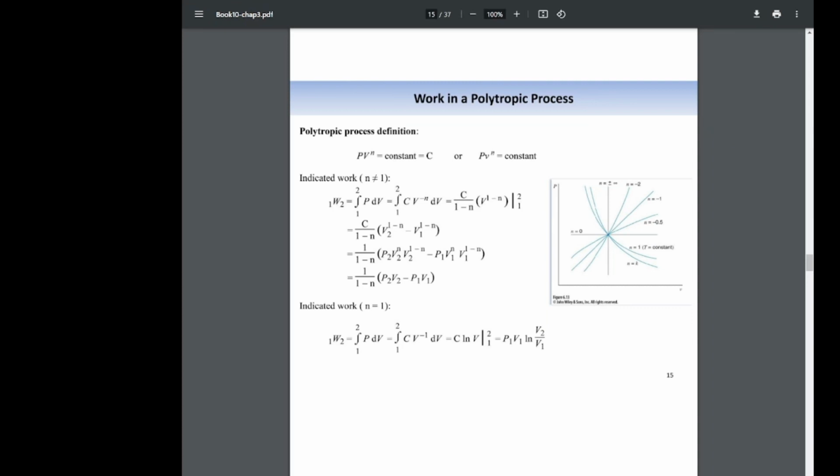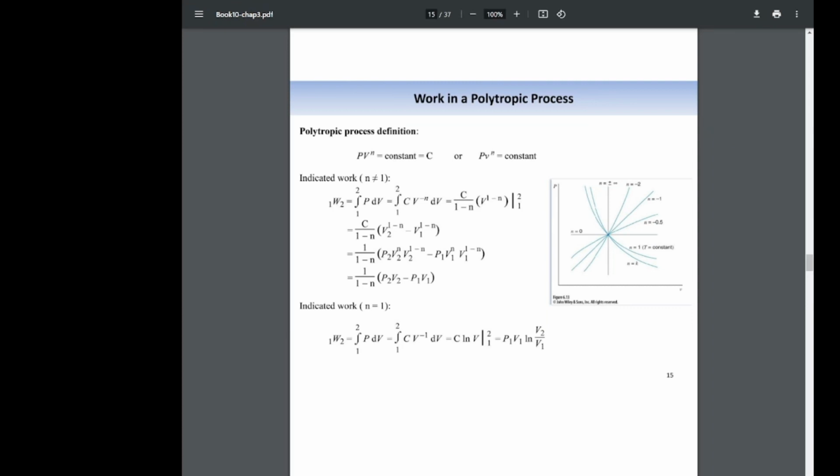If you work through this, you substitute in for the constant C with P times V to the n, and this is the result that you have.